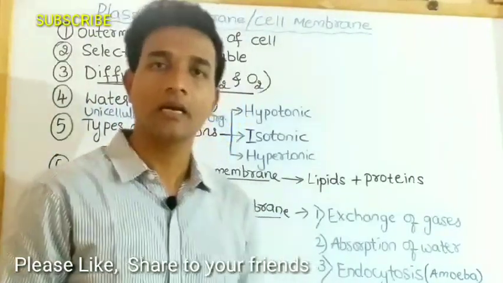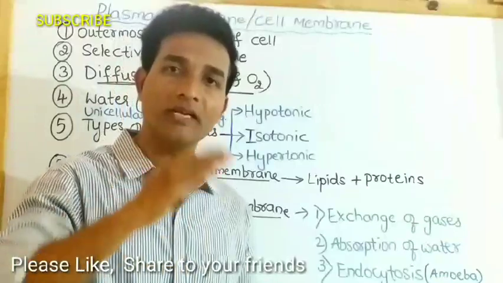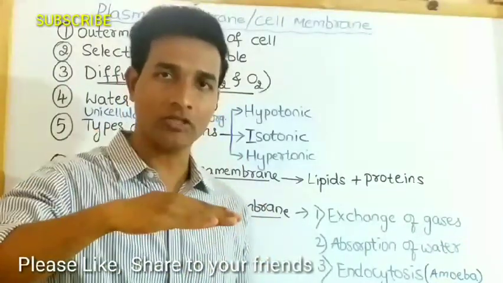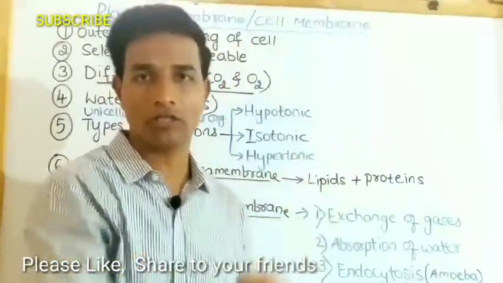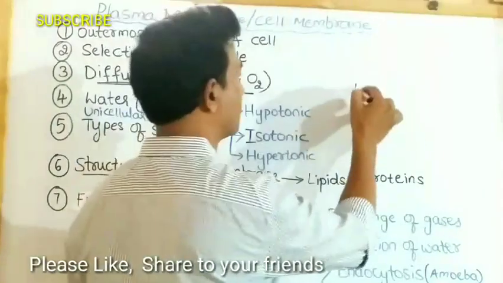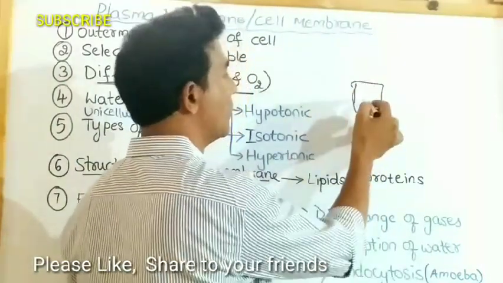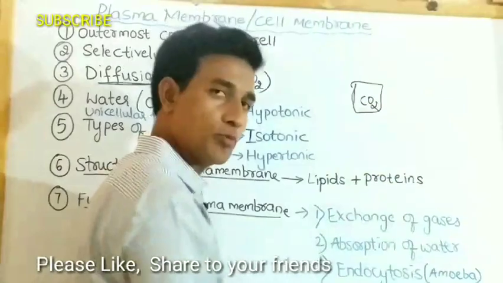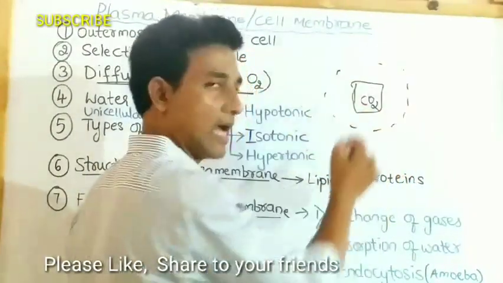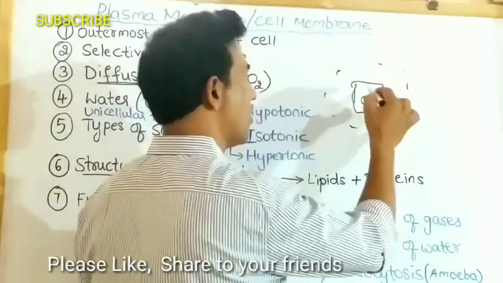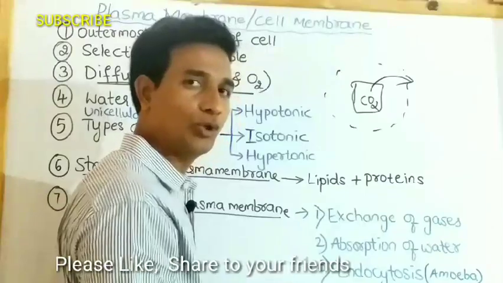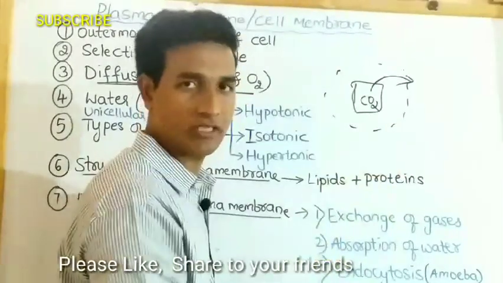Diffusion is a process where molecules or ions travel from the region of higher concentration to the region of lower concentration. Example, you take a cell. If carbon dioxide is produced more inside the cell, and outside in the atmosphere the carbon dioxide is very less, from the higher concentration it moves outside to the atmosphere, that is lower concentration.